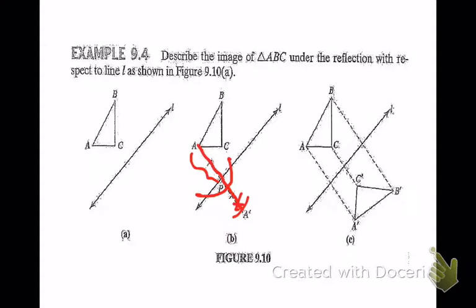So after you've made your smile, measure the distance from A to P, and then double that. That will be your distance from A to P prime. You do that for each point.